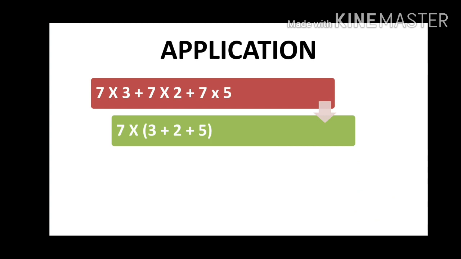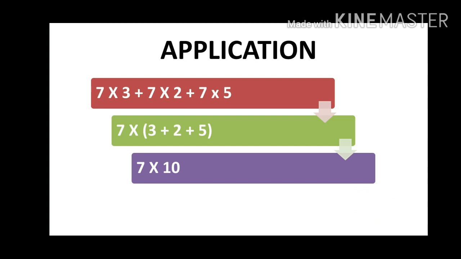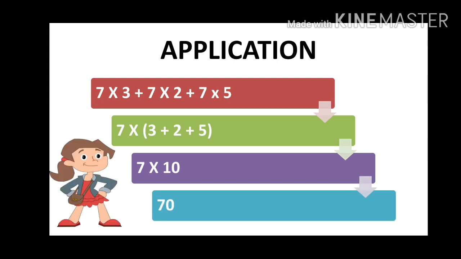So that becomes 7 times 3 plus 2 plus 5 inside the bracket. So 3, 2 and 5 becomes 10 inside the bracket. So 7 times 10 is 70. So that's Ginny's rule. So whatever she likes, keeps in the bag. So the same way, whatever 7 is multiplied with, everything should be in one group. So 7 is multiplied with the total group now.